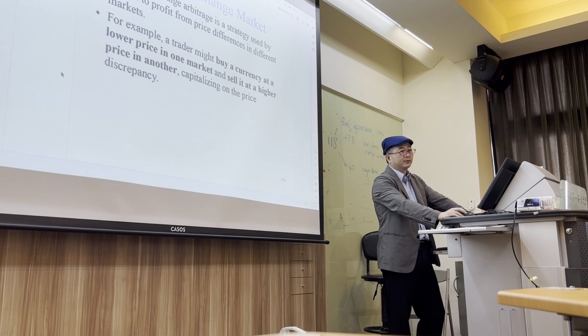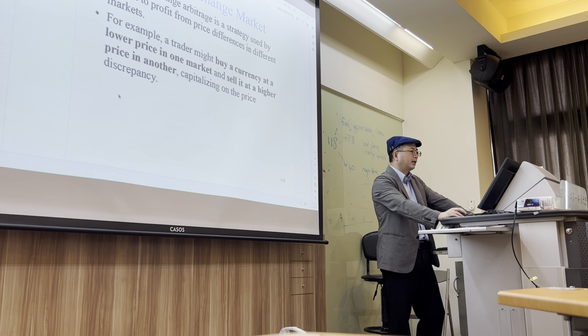in different markets. For example, a trader might purchase a currency at a lower price in one market and sell it at a higher price in another. Then he can pocket the profit that comes from the price differences between these two markets.